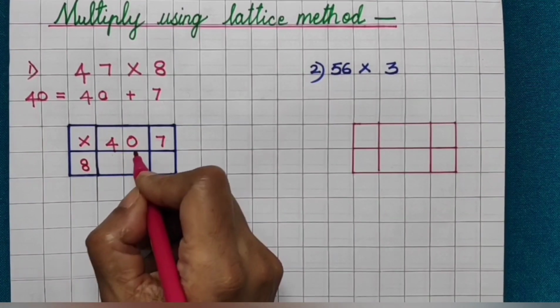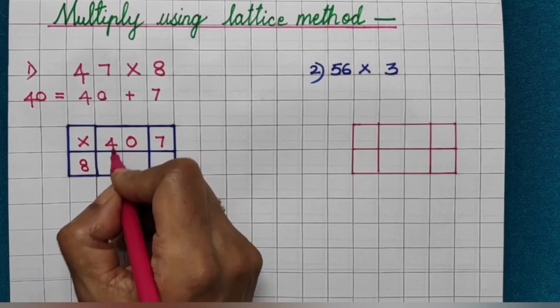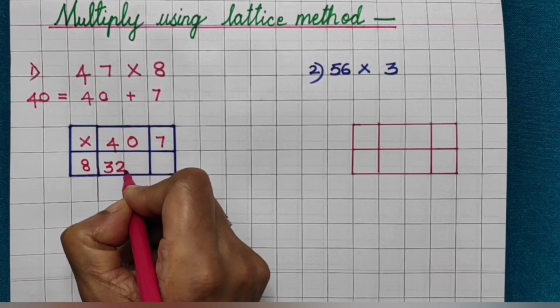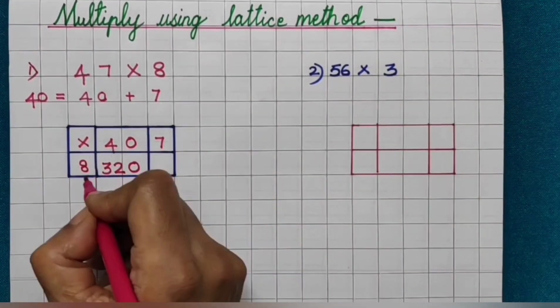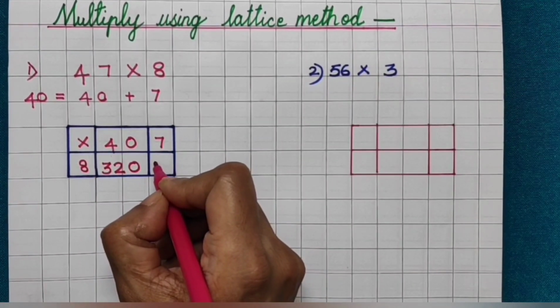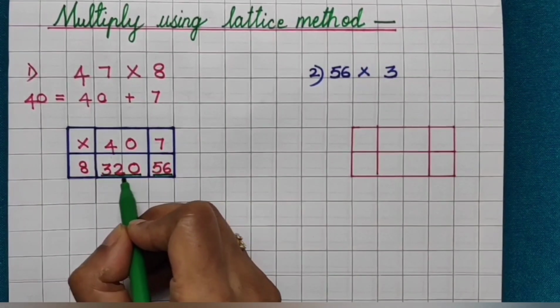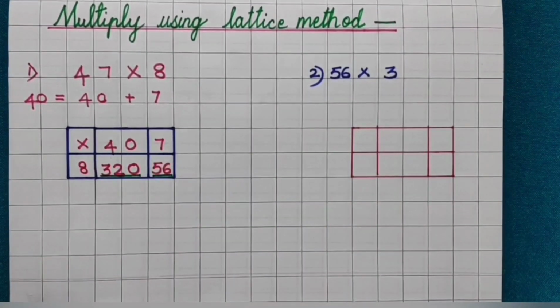Now I told you when you multiply numbers ending with 0, you multiply the numericals first. So what is 8 fours? 32. And then you put the 0. And what is 7 eights or 8 sevens? 56. These numbers 320 and 56 we'll have to add them together.